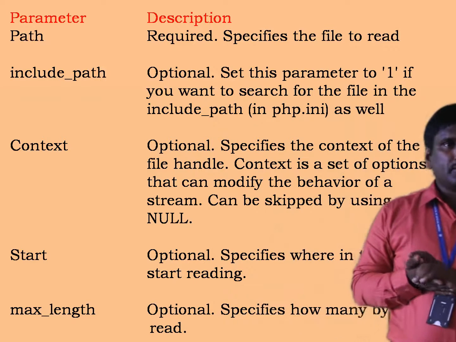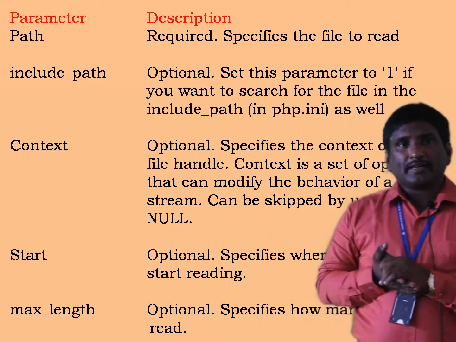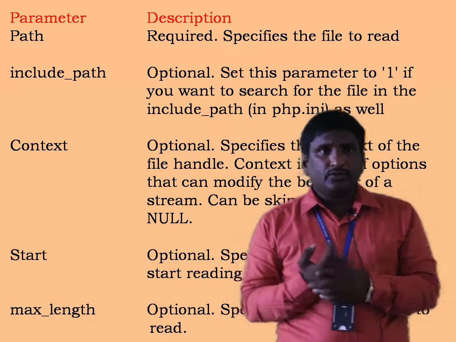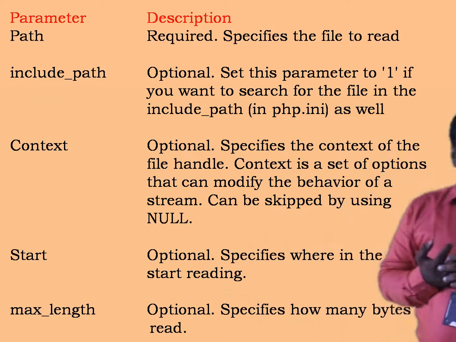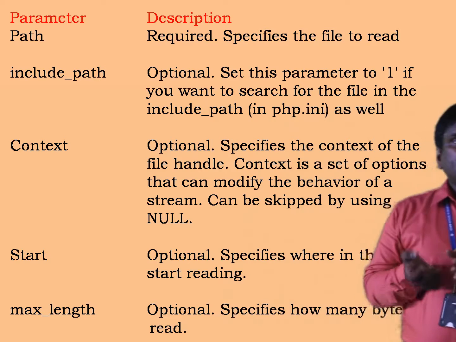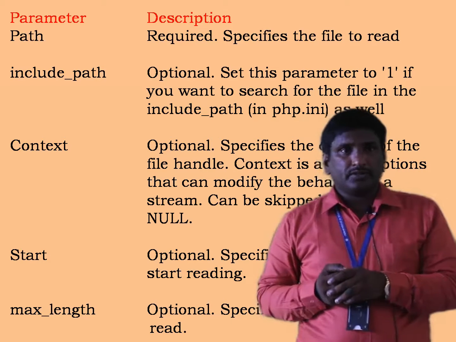The context is optional, it specifies the context of the file handle. Context is a set of options that can modify the behavior of a stream, and can be skipped by using null. Start is optional, it specifies where in the file to start reading. Maximum length is optional, it specifies how many bytes to be read. So in this way we can use this function.